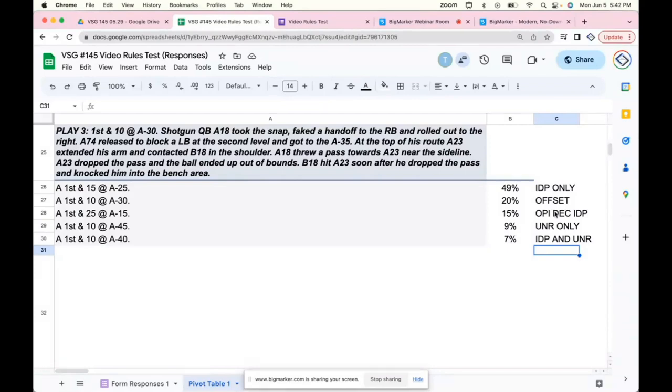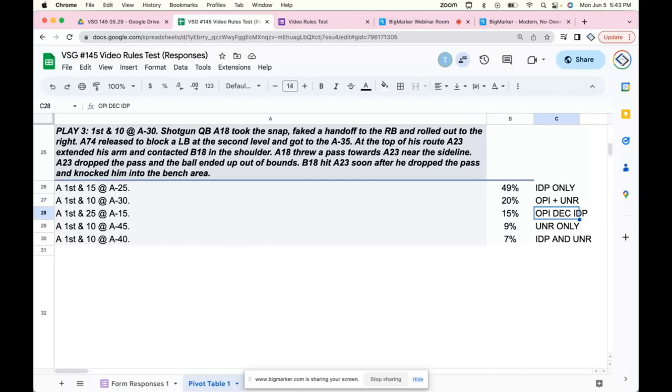Answer number 2 is OPI plus dead ball UNR, and we just didn't call IDP at all. Good point. Nobody's calling that a live ball UNR. We probably should have figured that out. So we called the OPI, we called the UNR. They essentially cancel.